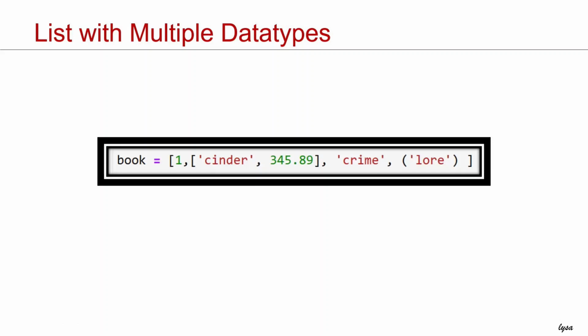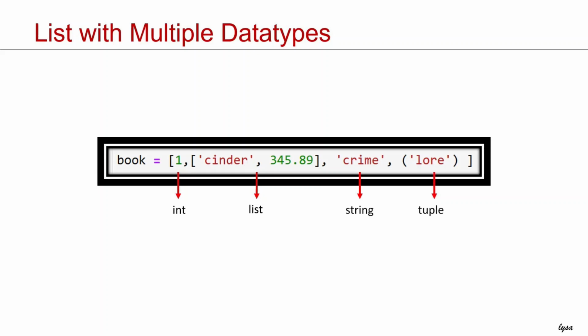Now, what is the number of items in this list? If you said 4, it is right. The first item is an integer, the second item is a list, the third item is a string, and the fourth item is a tuple.